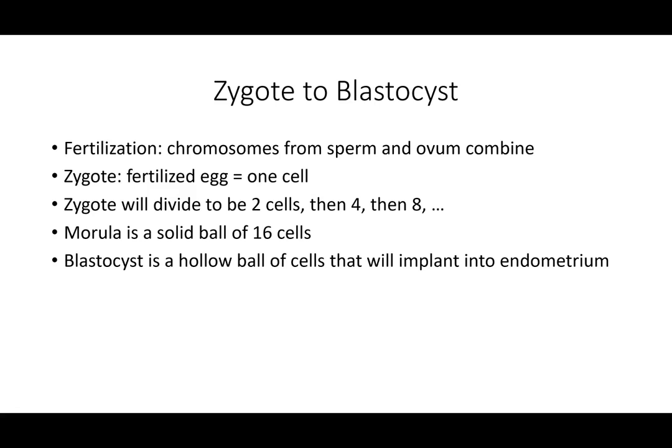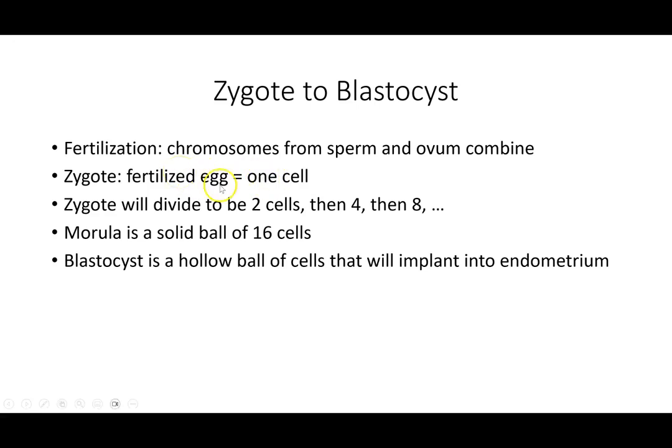But really briefly, just to set the stage for the actual development of the reproductive system organs, we've got to go from a zygote to a blastocyst. Fertilization occurs when the chromosomes from sperm and egg cells combine together, and at that point it is now considered a zygote. So this is a single cell, a fertilized egg cell.